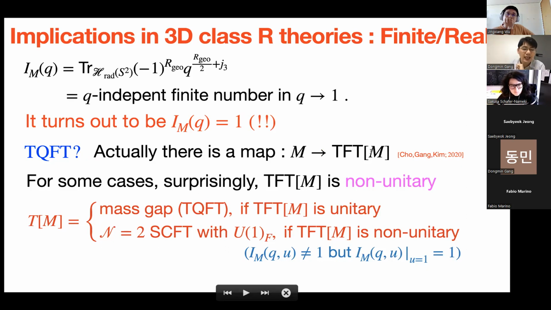And from this modular data, we can determine whether it is unitary or non-unitary.